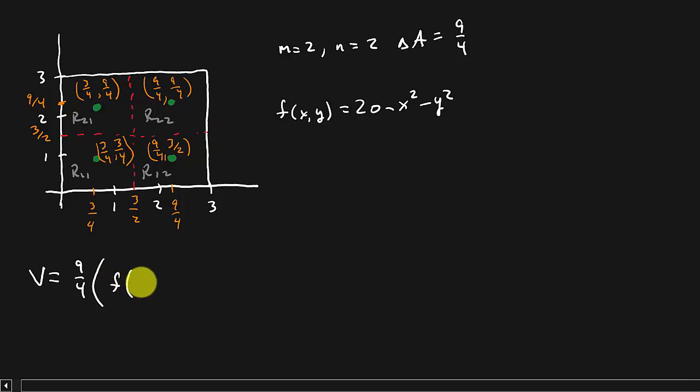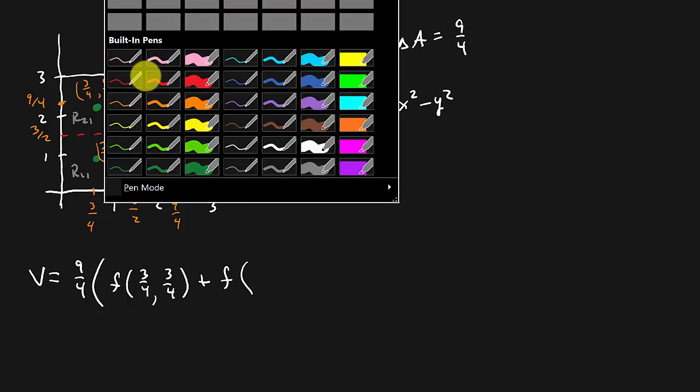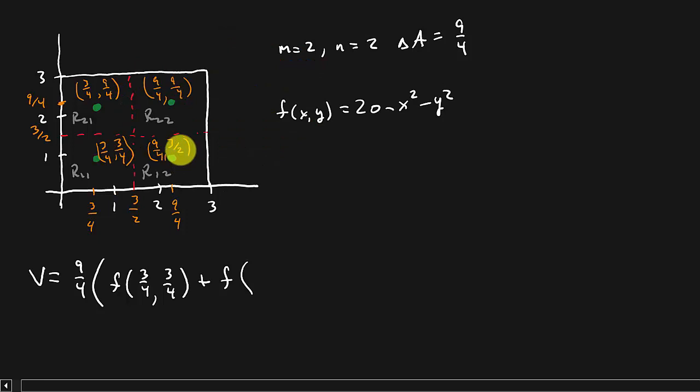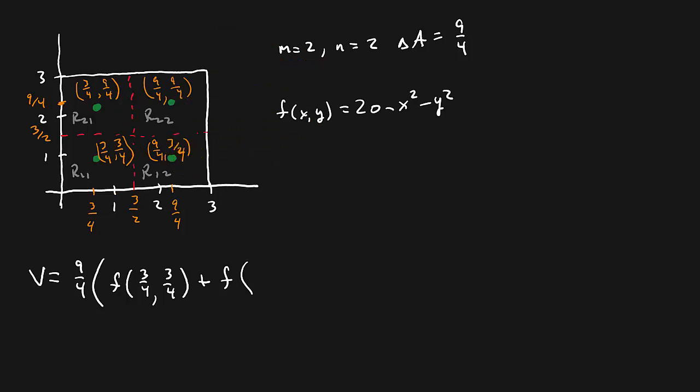And so that's going to be f of 3/4, 3/4, plus f of, let's see, 9/4, 3/4. Oh, this should be a 4, not a 2.